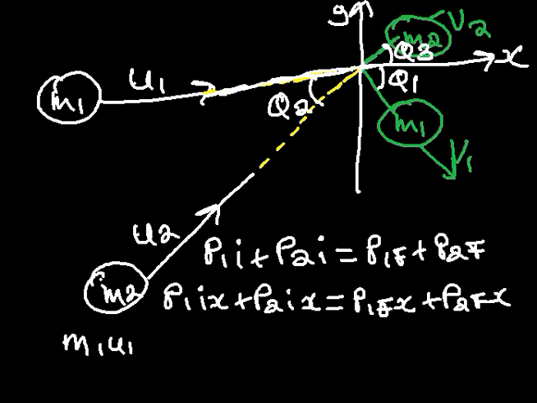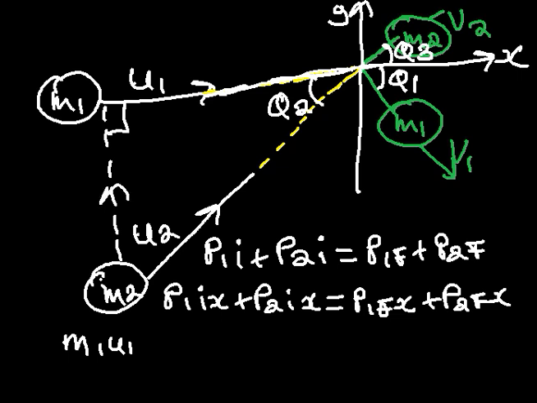Now for object 2, the initial momentum along the x-axis will be obtained upon resolving it into components. So let's think of having the triangle and see how best we can resolve that.